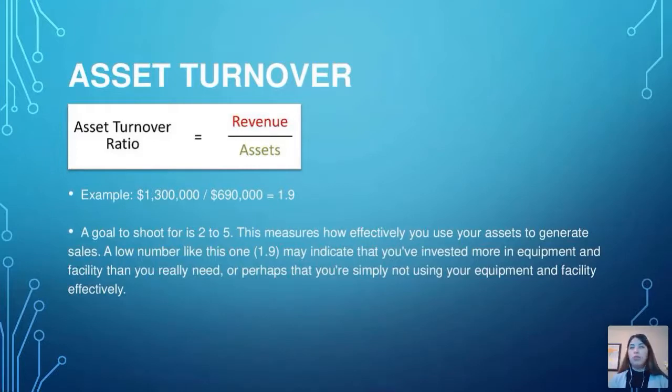Like I mentioned before, we have a lot of assets in the landscape industry, and we want to make sure that those assets are being used efficiently, right? So a low number like this one, 1.9, may indicate that you've invested more in equipment and facility than you really need, or perhaps that you're simply not using your equipment and facility effectively.